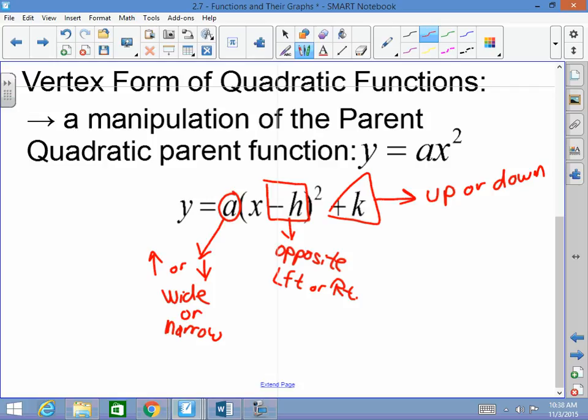Notice that the H is always encapsulated with the X. Notice that the K is always separate from the X. It is outside of the parentheses. This is something you guys really got to understand and learn forever. This is going to haunt you or help you forever for the rest of your math career. So let's talk in detail about this A, H, and K.